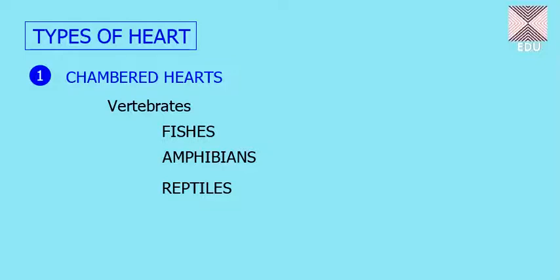So what is the condition in reptiles? We have the atrium completely divided into two. So here also we have two atria. And what about the ventricle now? It is partially divided. So we have one ventricle, but it has a partial division.